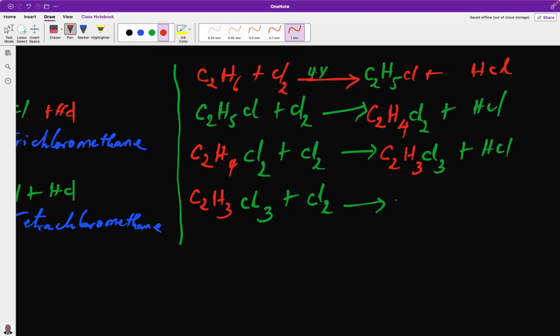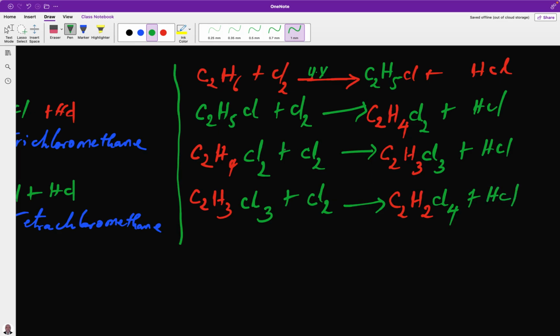Now we will still have our C2. What happens? The hydrogen drops because one chlorine is coming to substitute it here. So it will now be C2H2. Then what happened with the chlorine? The number of chlorine atoms goes up from 3, plus HCl.